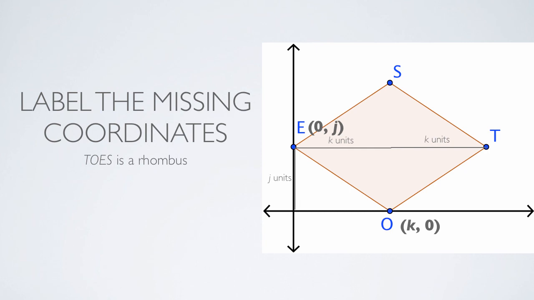Likewise, because E is j units tall, I know that the other diagonal is 2j units long. And so the coordinates for point S are (k, 2j), and the coordinates for T, (2k, j).